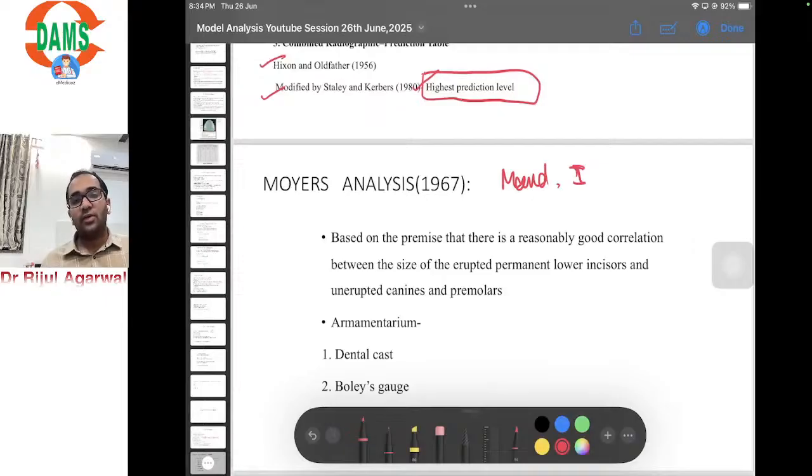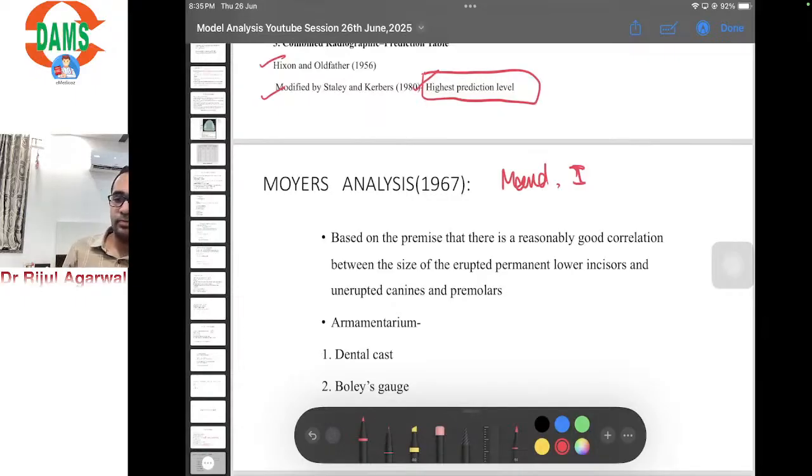Why? Because they are first to erupt. Also, there is less discrepancy in their sizes as compared to the maxillary incisors. So these are the two most common reasons why mandibular incisors are used. Among permanent teeth, the first to erupt are the mandibular incisors, that's why they are used.